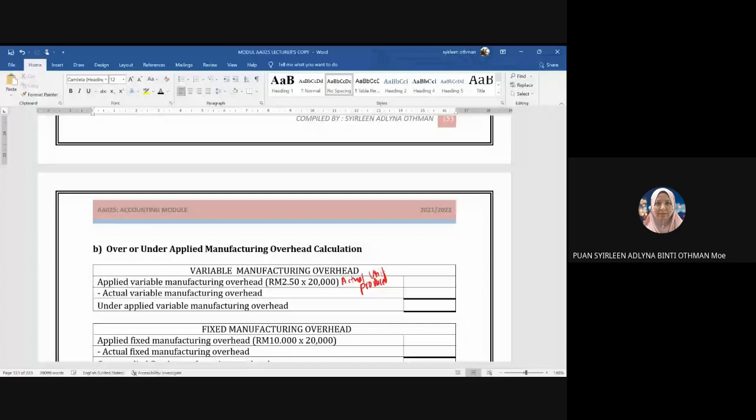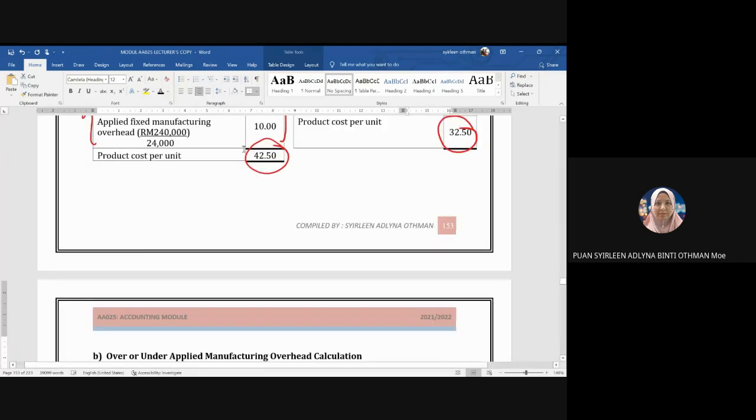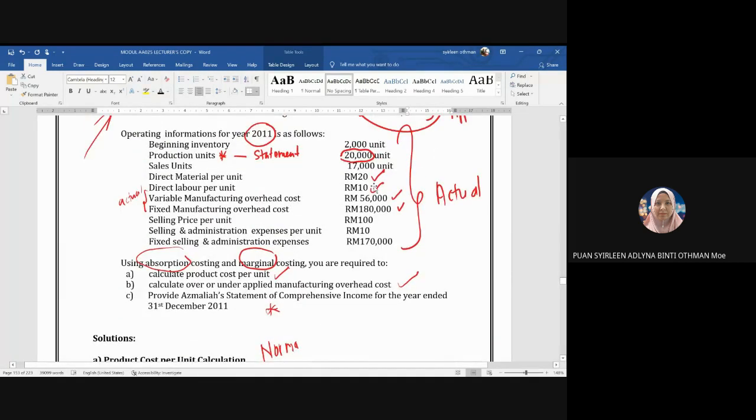Okay, so dalam topik ni, basis kita ialah unit produce saja. We don't use machine hours, we don't use direct labor hours, we don't use direct labor, direct material cost, we don't use any other costing. Okay, kita guna unit produce saja. Okay, so your applied MOH kat sini ialah RM50,000. Tapi awak tengok balik soalan, your actual MOH.